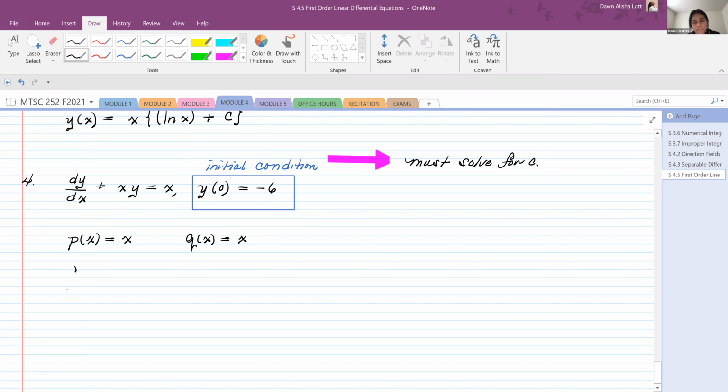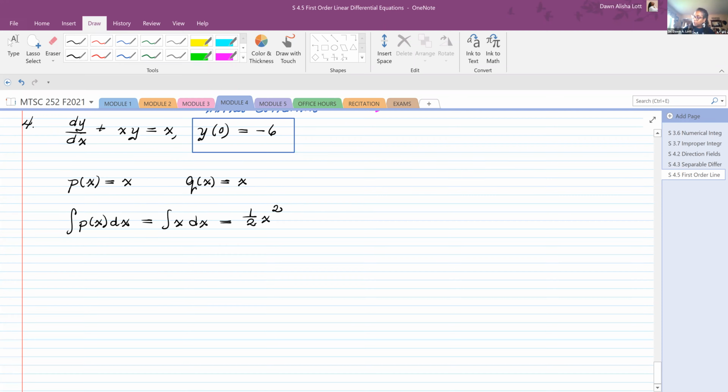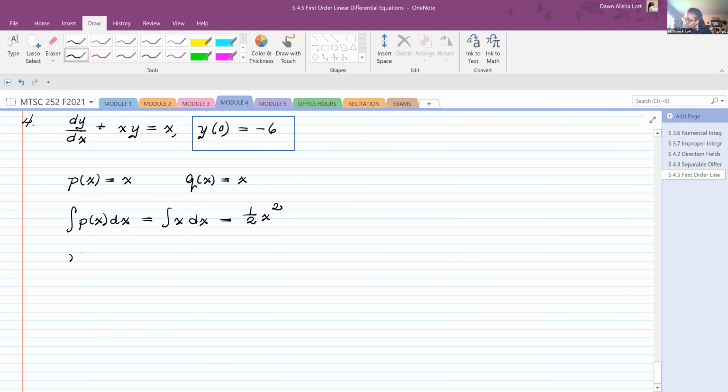Okay, so now I need to do the integral of P of X dx. So that's the integral of X dx. Nice and easy. I get 1/2 x squared. Okay, so now I can find nu. Nu of x is e to the 1/2 x squared.